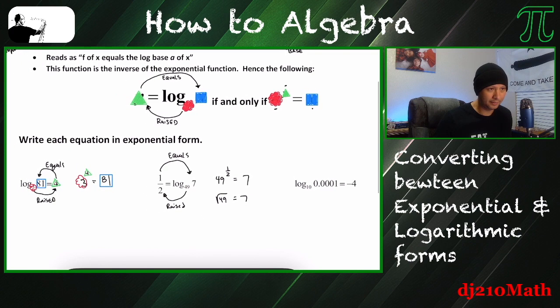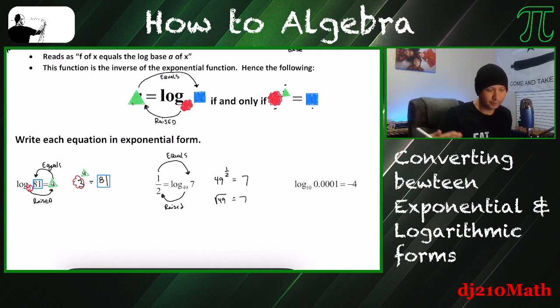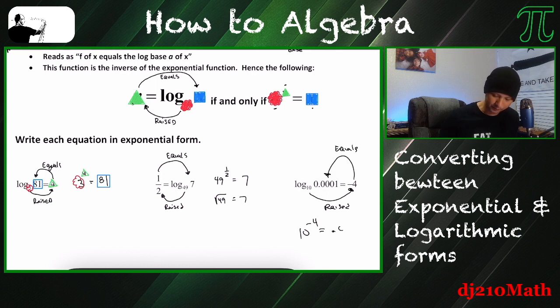So here's an example where it's log base 10. I know I said that typically you don't see a base 10, which is true, but in this case they put it. All right, so 10 raised to -4 equals 0.0001, right? 10 thousandths.